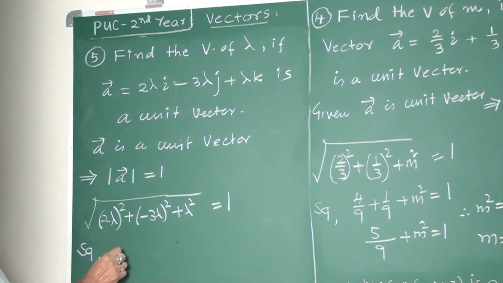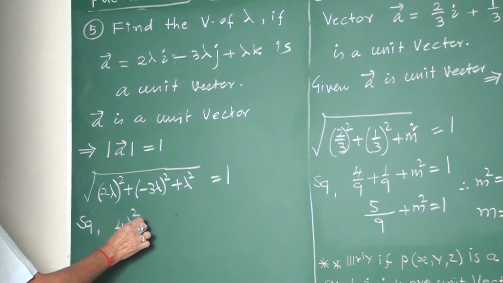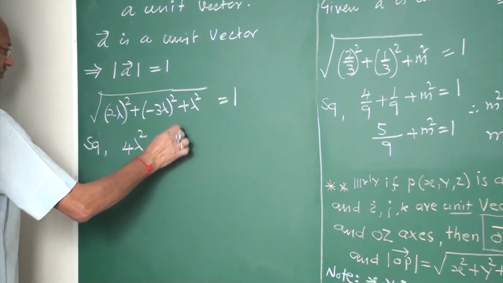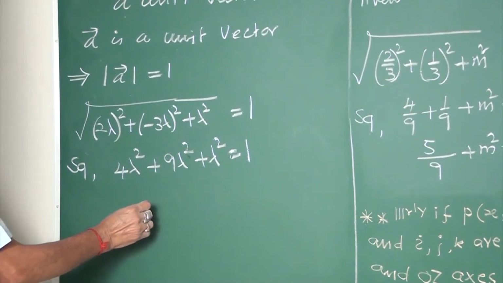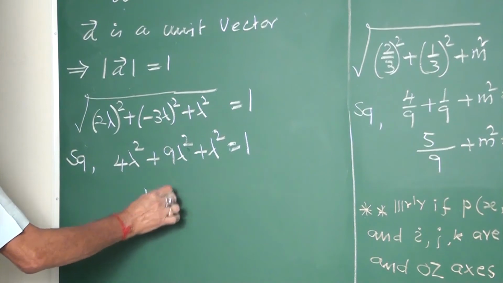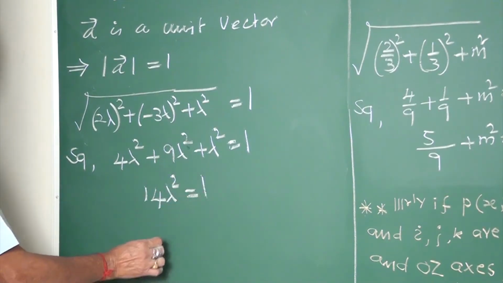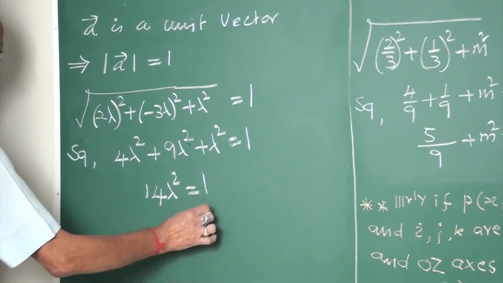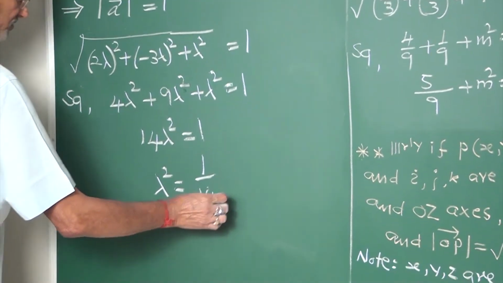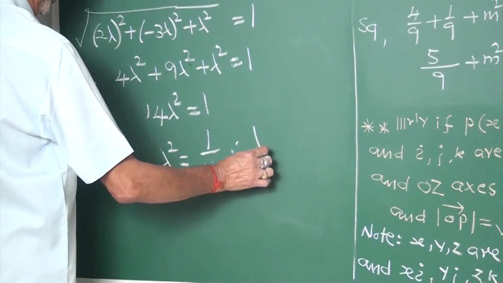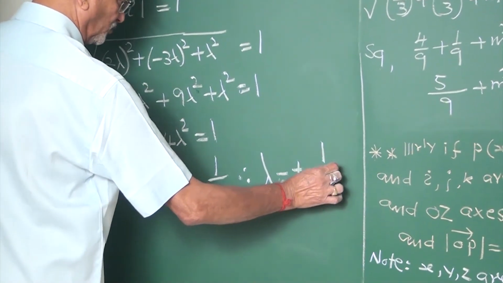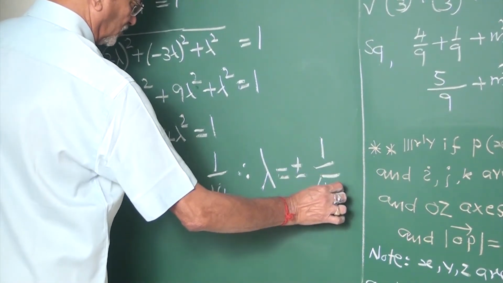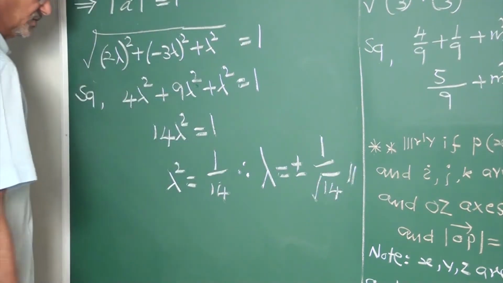It is 4 lambda square plus 9 lambda square plus lambda square is 1. If you add, then it is 14 lambda square is 1. Then what is the value of lambda square? It is 1 upon 14. Therefore, the value of lambda is 1 by root 14.